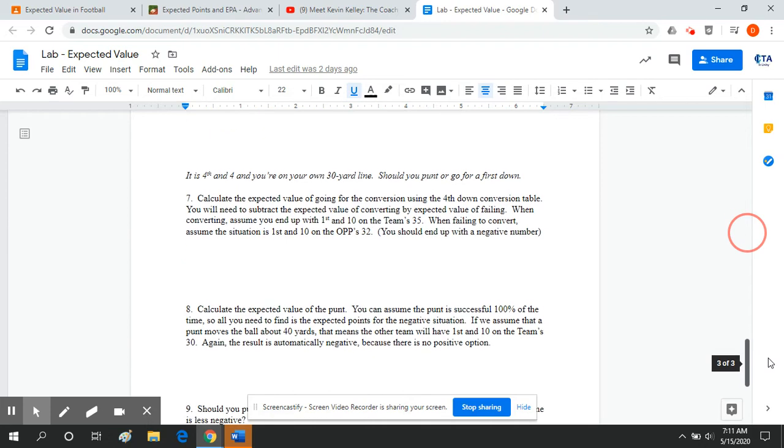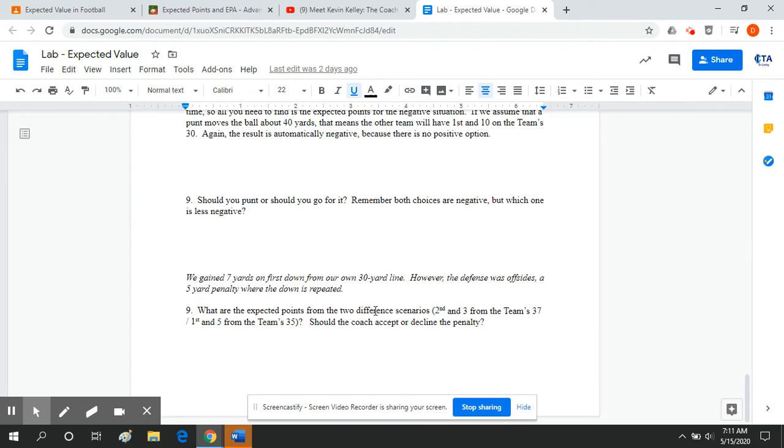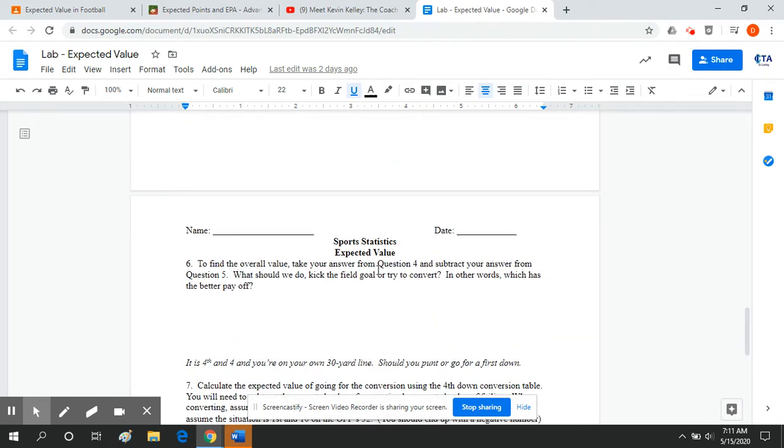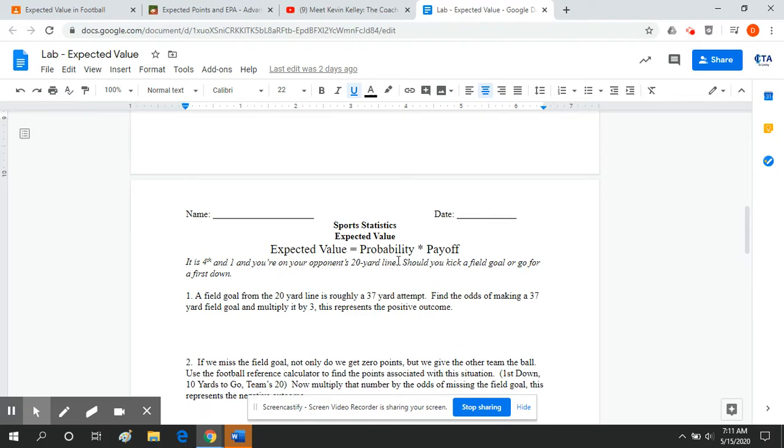Should you punt or go for a first down? And the last one deals with whether or not you should accept a penalty. So again, all sorts of in-game situations that we're going to analyze using this idea of expected points and expected value.